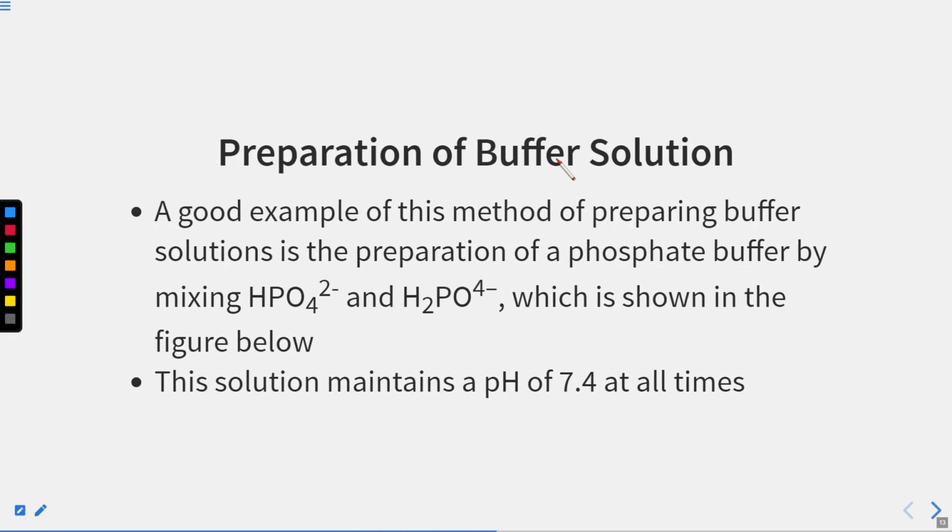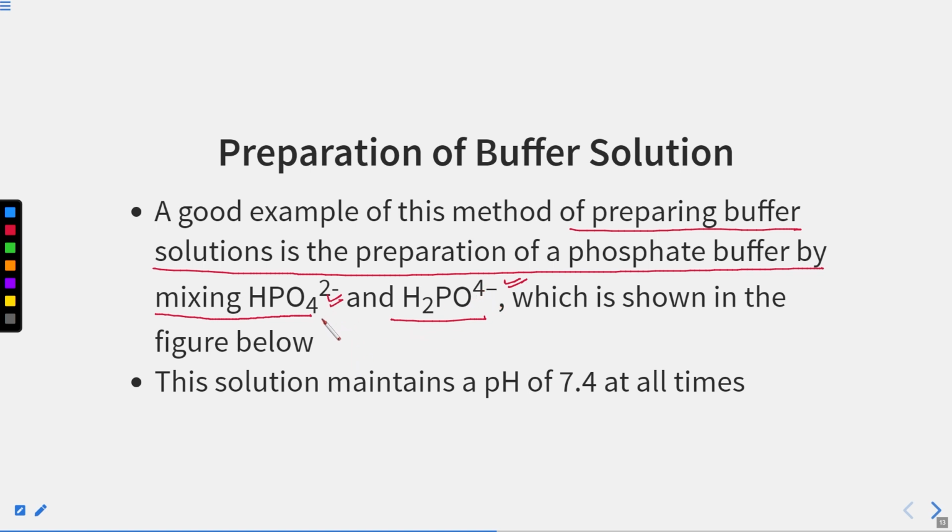A good example of this method of preparing a buffer solution is the preparation of a phosphate buffer by mixing HPO4 2 minus ion and H2PO4 minus ion. So these two are used to create the phosphate buffer.